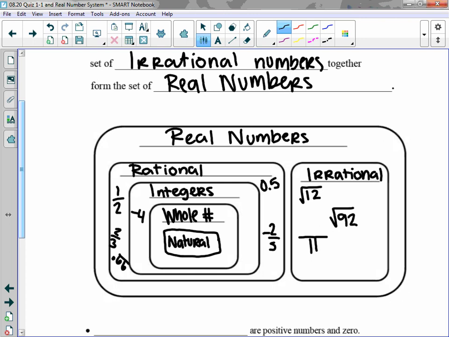It's 0. So your whole number is 0, and your natural numbers are 1, 2, 3, because they can also be called counting numbers. When you think about counting numbers, when you learn how to count, and you were like 1 or 2 years old, your mom can come up to you and say, okay, 0, 1, 2.